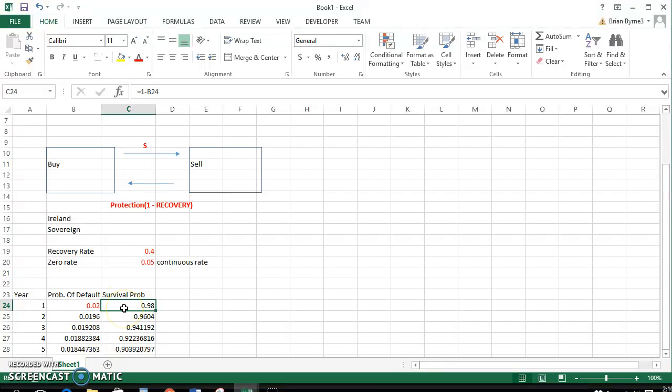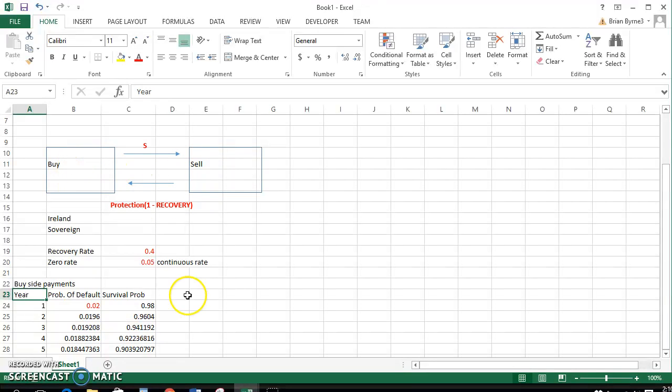It's the probability of surviving. So although we commit to pay S each year for 5 years, if we think of the buy side payments, then the buy side payments are dependent upon the probability of surviving each year.